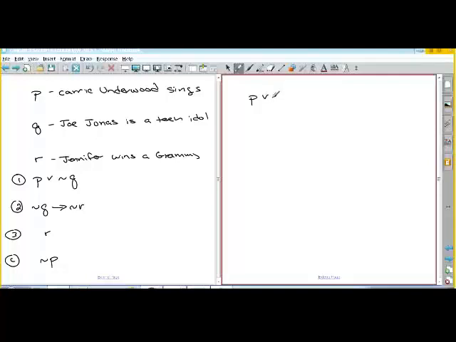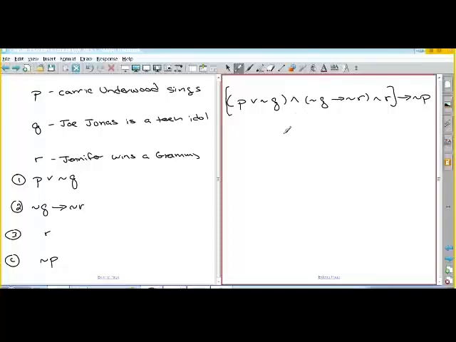You take each premise and connect them to each other with an AND: the first premise and the second premise and the third premise. Those are my three premises, and I put a square bracket, and then a conditional connected to the conclusion. So that's the logic argument we're going to look at to determine whether this is a valid argument or not.